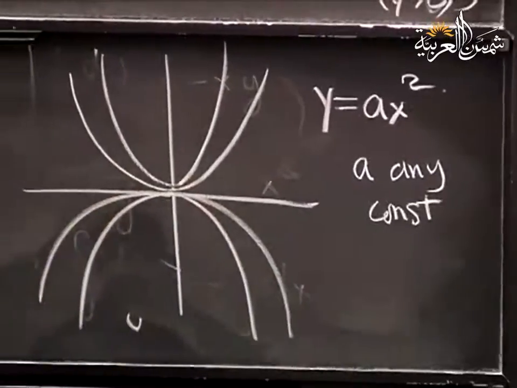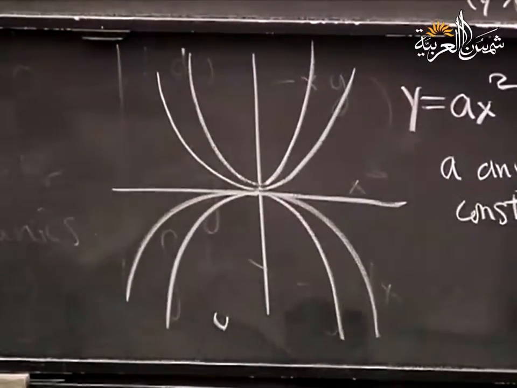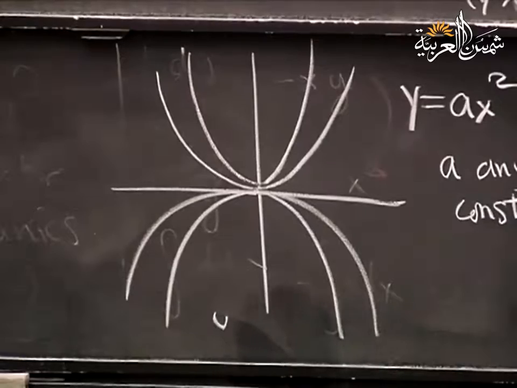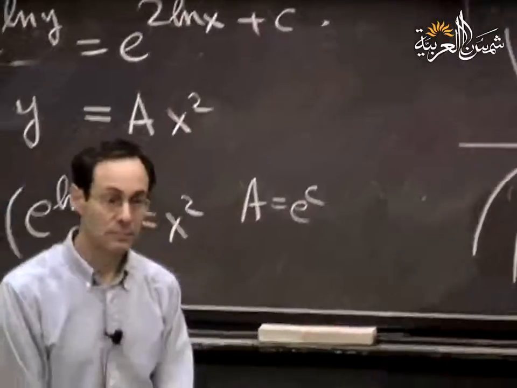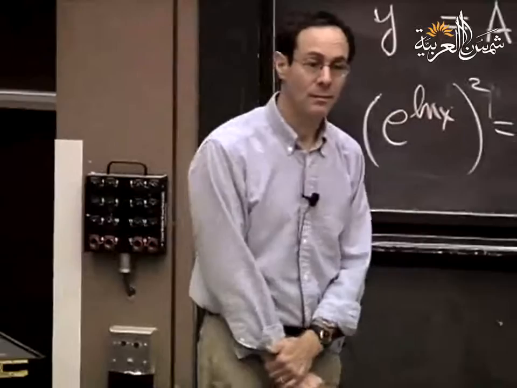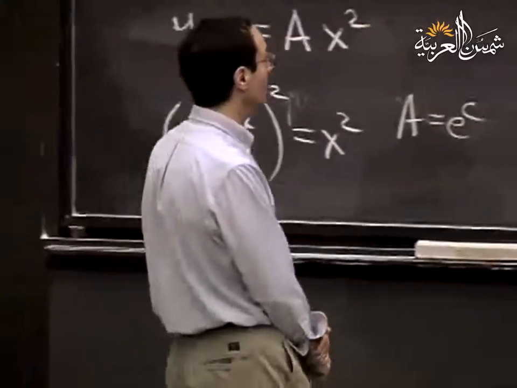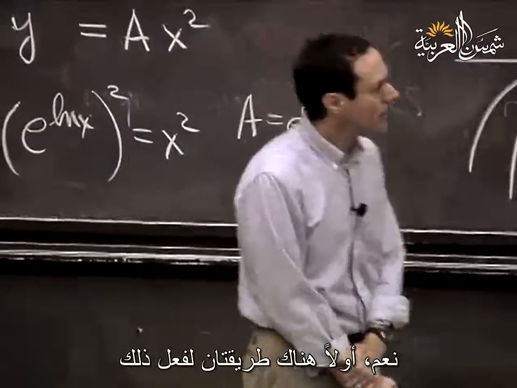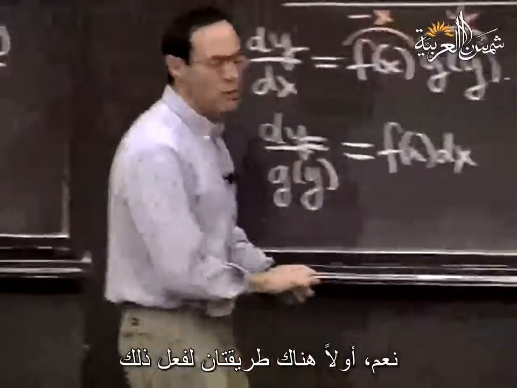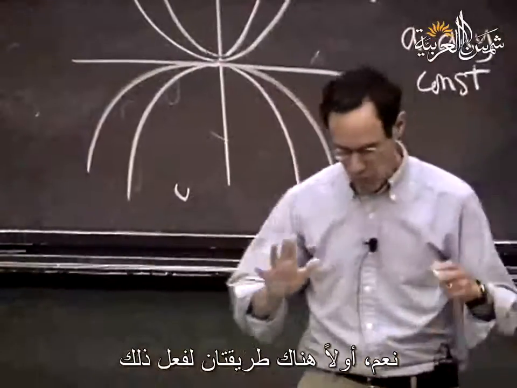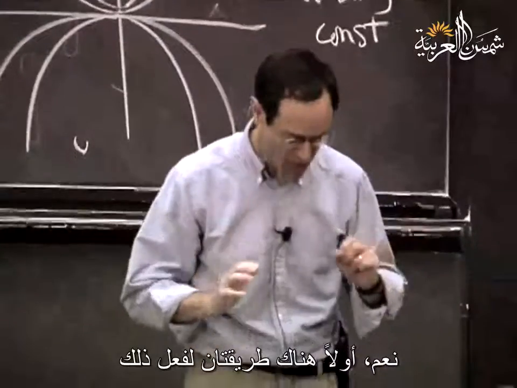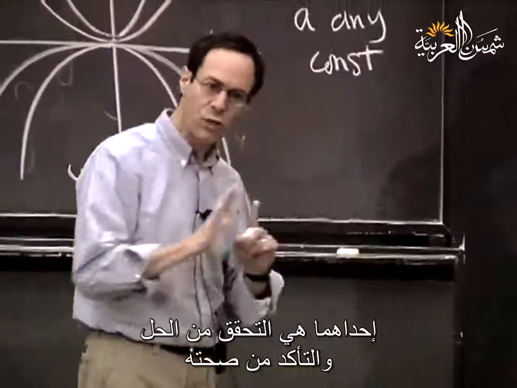Question? I'm not quite sure how A can be negative. I see that it could be in your graphical representation, but with ln, you can't allow a negative number. Yeah. So first of all, there are two approaches to this. One is to check it and make sure that it's right.